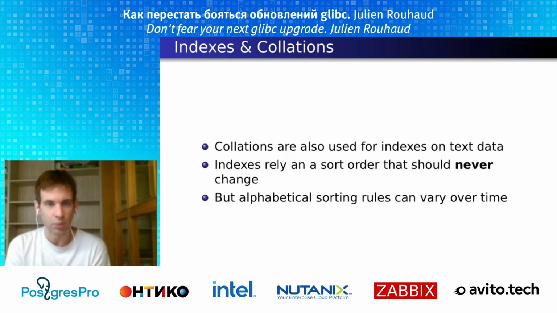But when it comes to text data, that's another story, because the rules that state how text data should be sorted according to some specific language rules tend to change over time. And also, bugs exist, and various libraries that provide such collations also have regressions that can break this requirement.